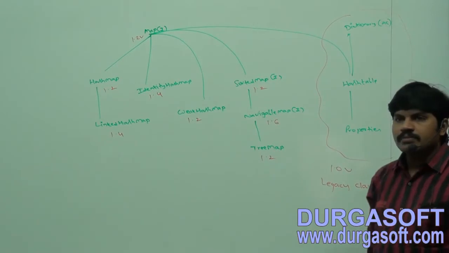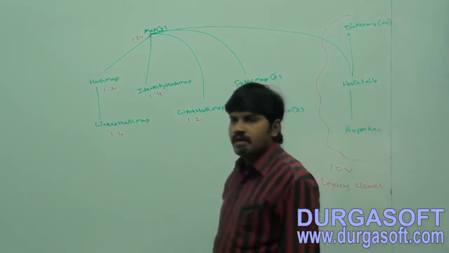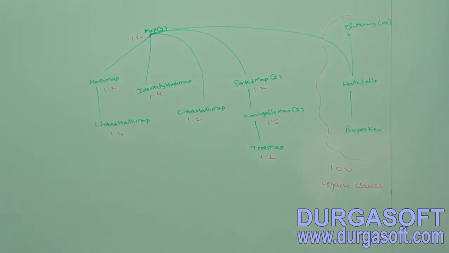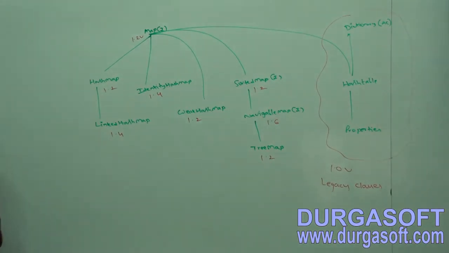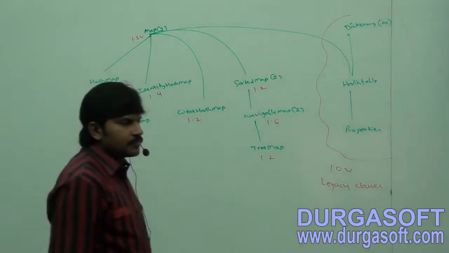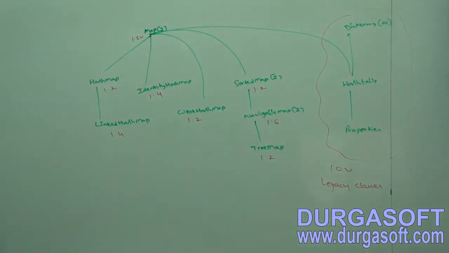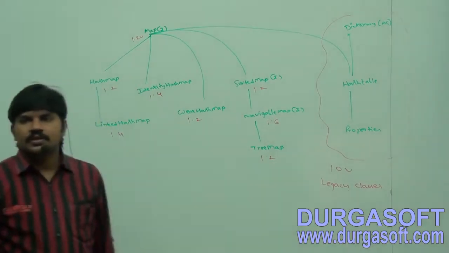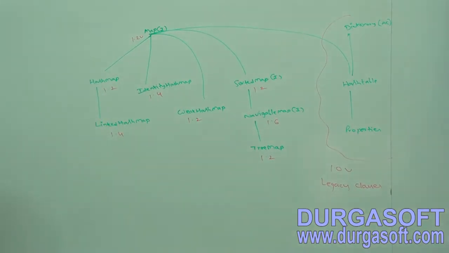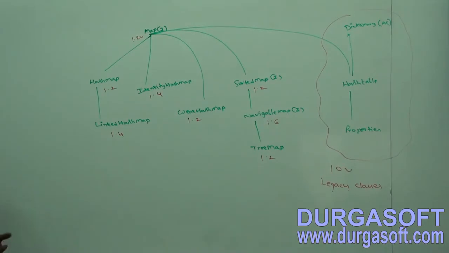Under map we have to discuss all these things: Map, HashMap, LinkedHashMap, IdentityHashMap, WeakHashMap, then SortedMap, NavigableMap, TreeMap, and next Dictionary, Hashtable, Properties.